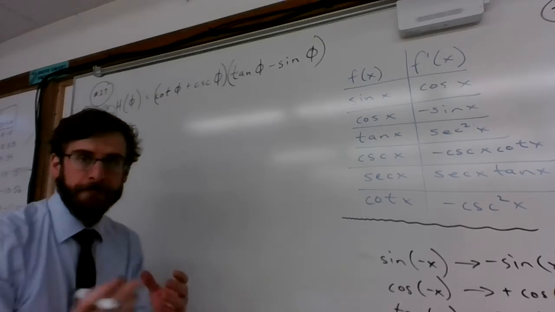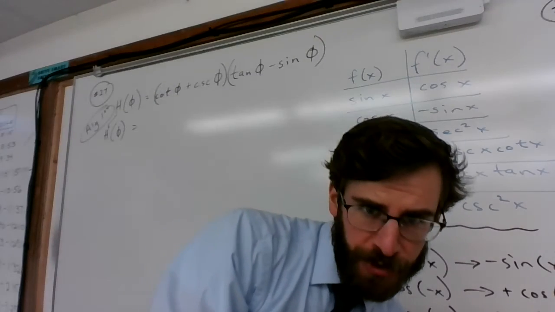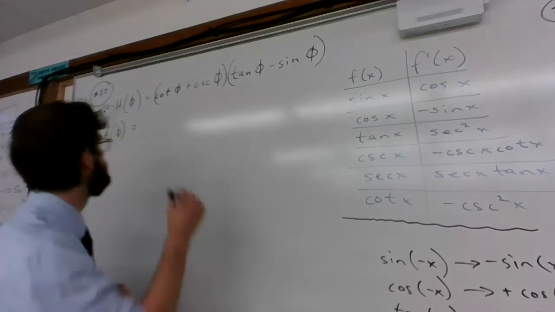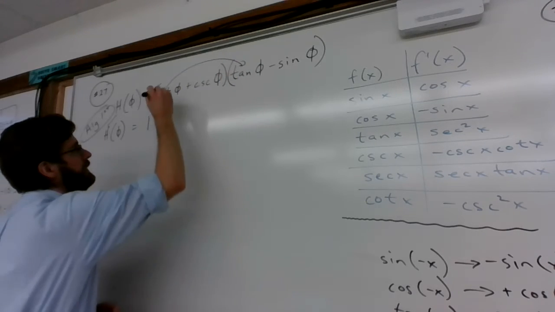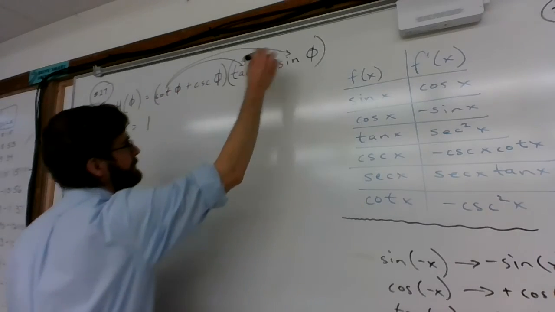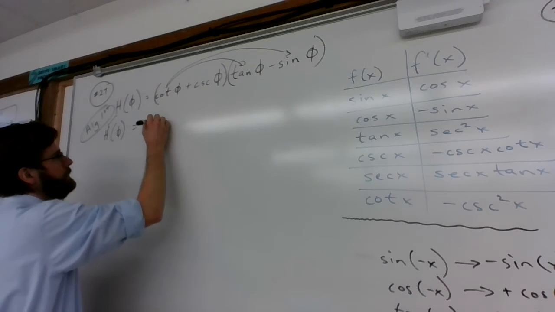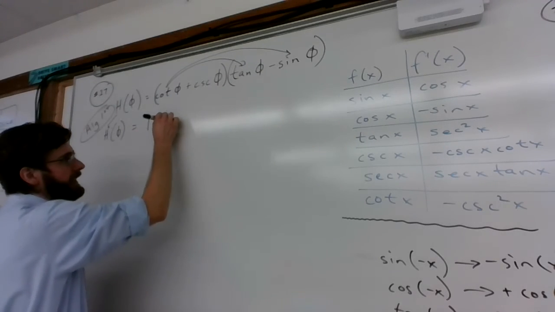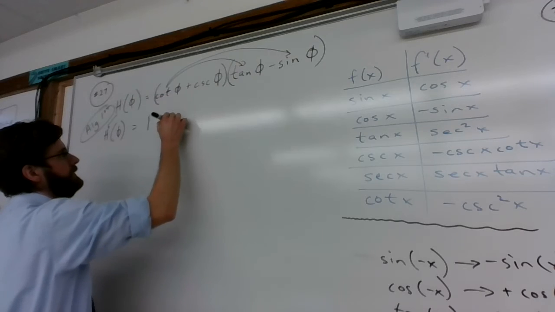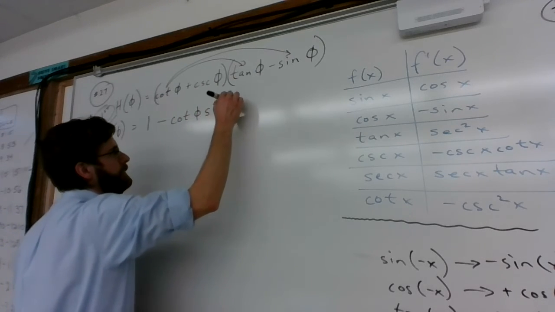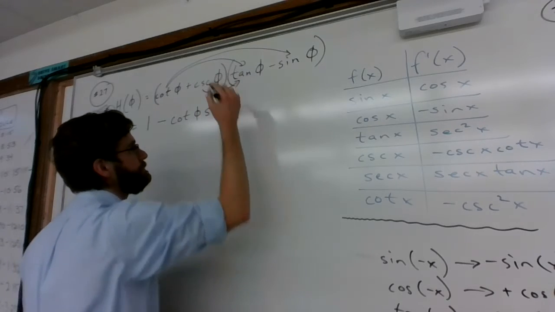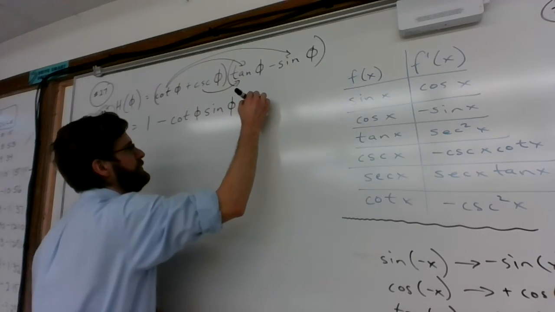Cotangent times tangent, they're reciprocal identities, which means when you multiply them, you get 1. And then you get cotan times sine. So minus cotangent times sine. And then this is just cosecant.